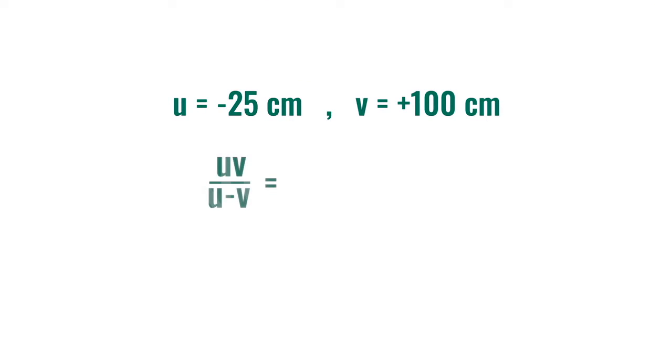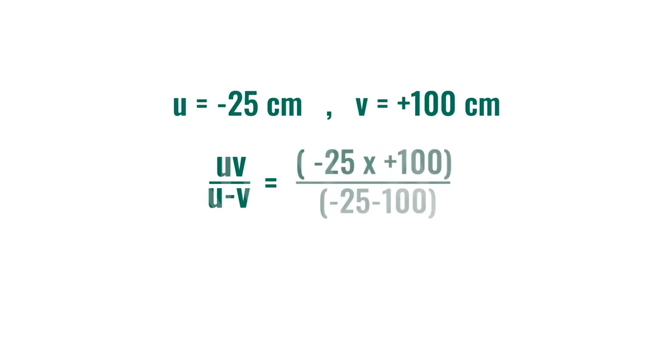Let's now find the value of uv divided by u minus v, which is equal to negative 25 into positive 100 divided by negative 25 minus 100, which is equal to positive 20 centimeters.